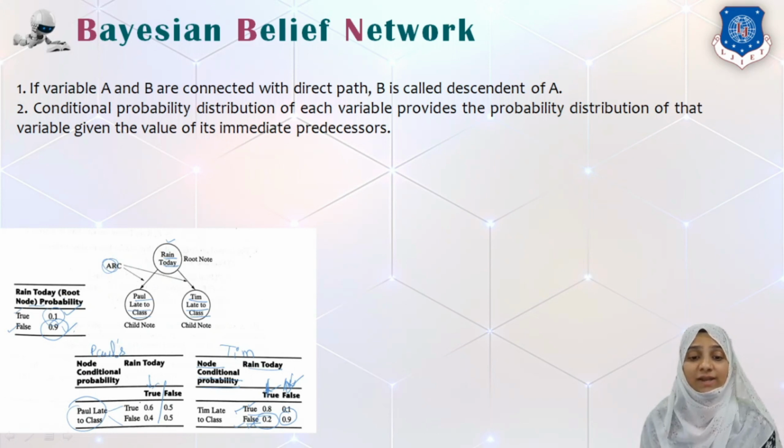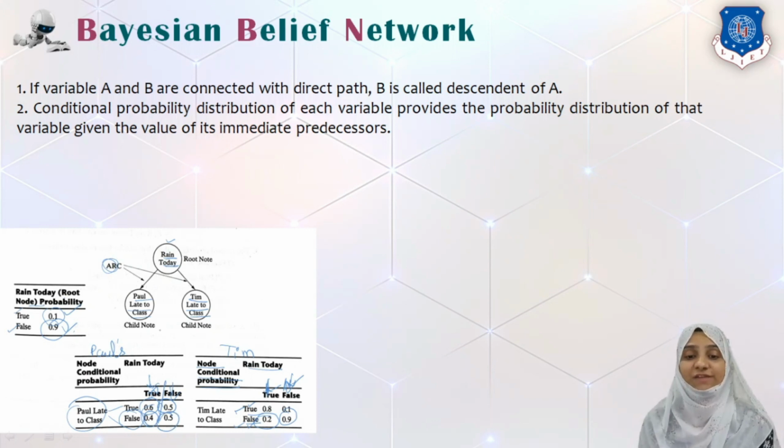So Paul can get late to class given that rain is true, or Paul can get late for class given that rain is not there, that is, rain today's output is false. Paul cannot get late to class given that rain is there with 0.4 probability, and Paul is not getting late for class given that rain is not even there with 0.5.